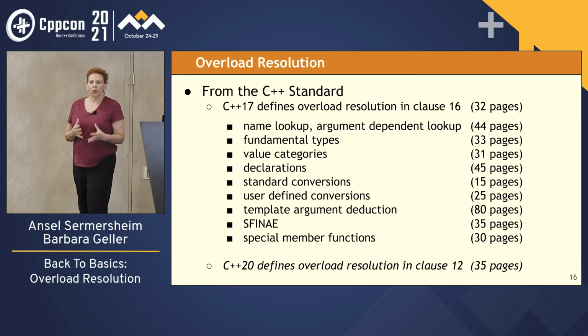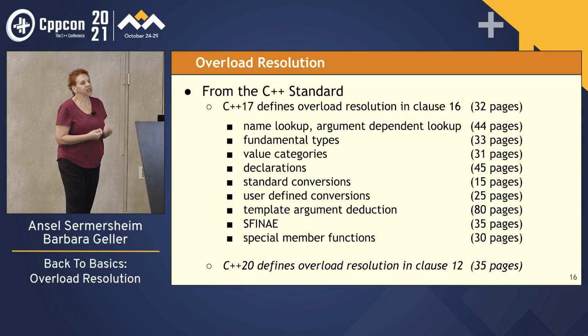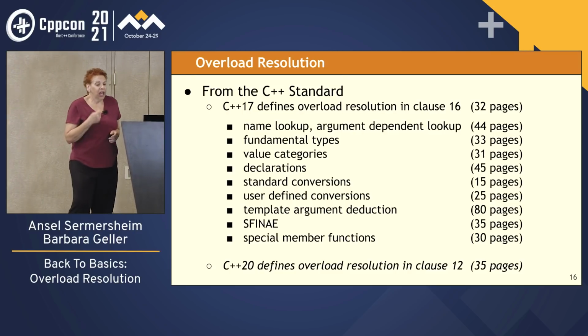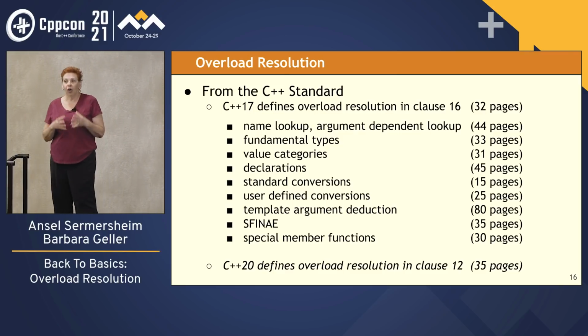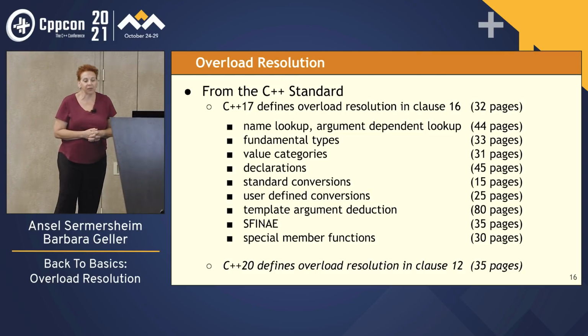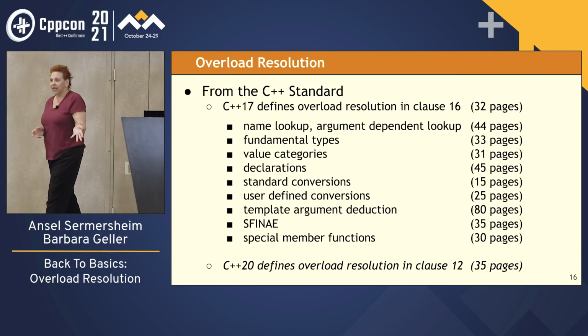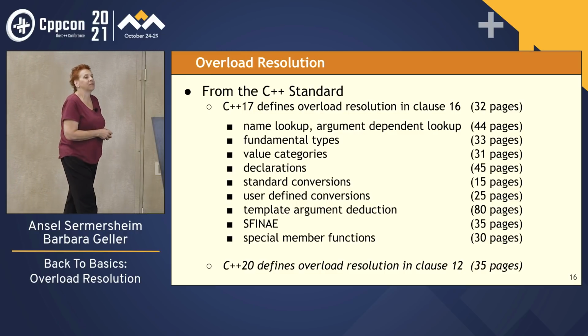As we're starting to really get into what overload resolution is, we wanted to mention the C++ standard. If you're using C++17, the definition of overload resolution is in clause 16. It's about 32 pages. If you happen to be using C++20, we thought we would throw this in. It's in clause 12, 35 pages.